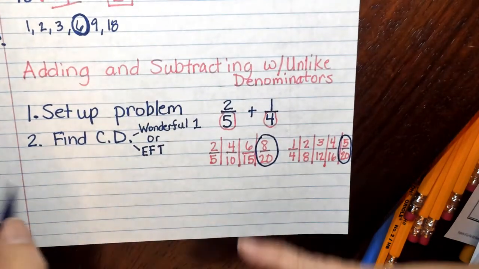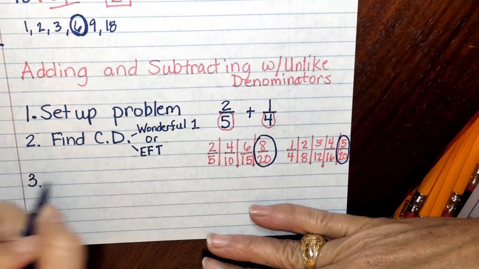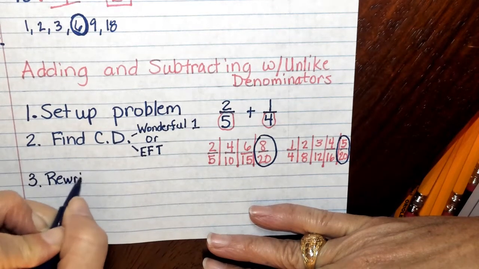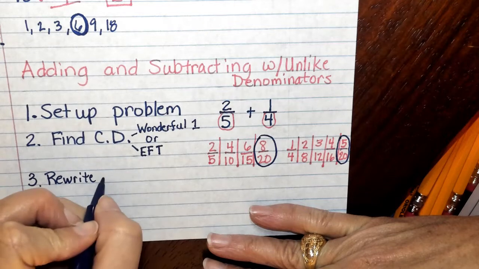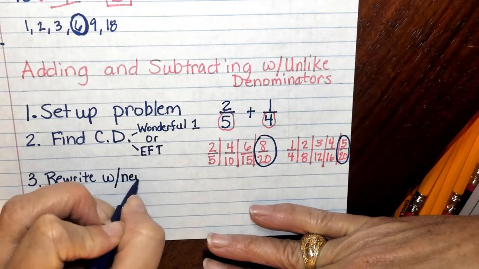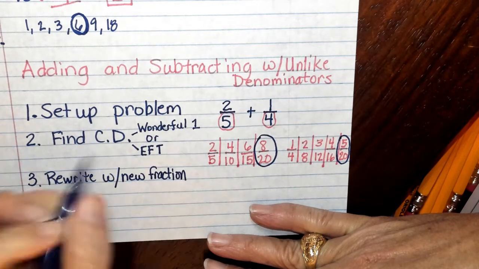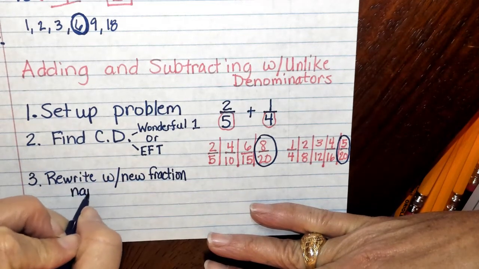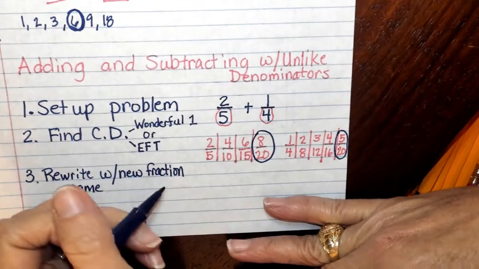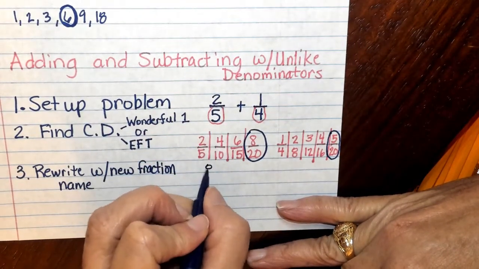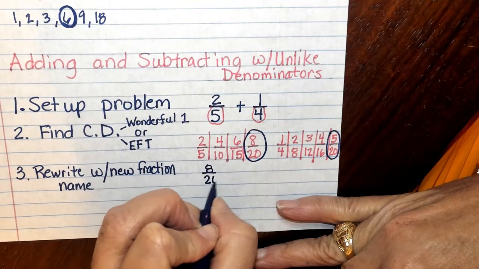But the next step that I'm going to write down would be to rewrite with the new fraction name. So another name for 2/5 would be 8/20.